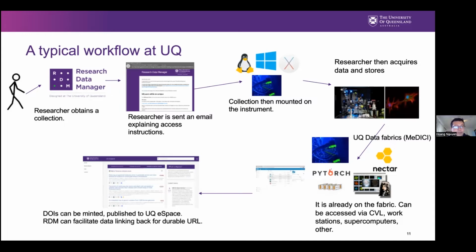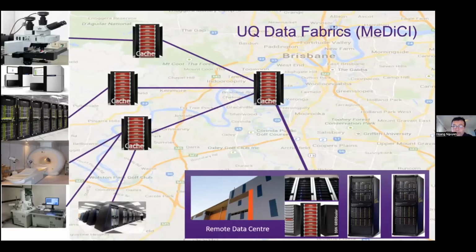Now I mentioned the word Medici. This is the UQ data fabric. The idea behind Medici is that the data only appears in the high-speed storage when and where it is needed, and the system is responsible for moving data between caches. At UQ, the archival data and many of the computing resources are located in a remote data center about 20 kilometers away from the main campus.